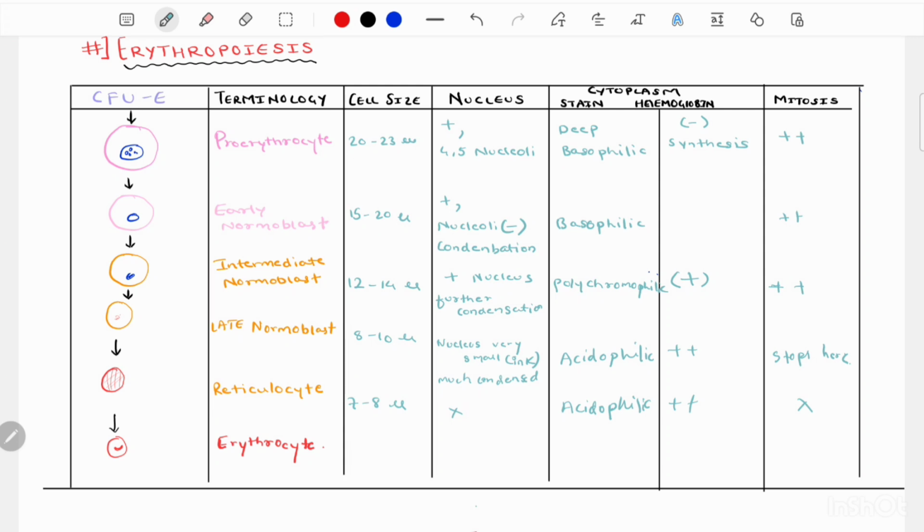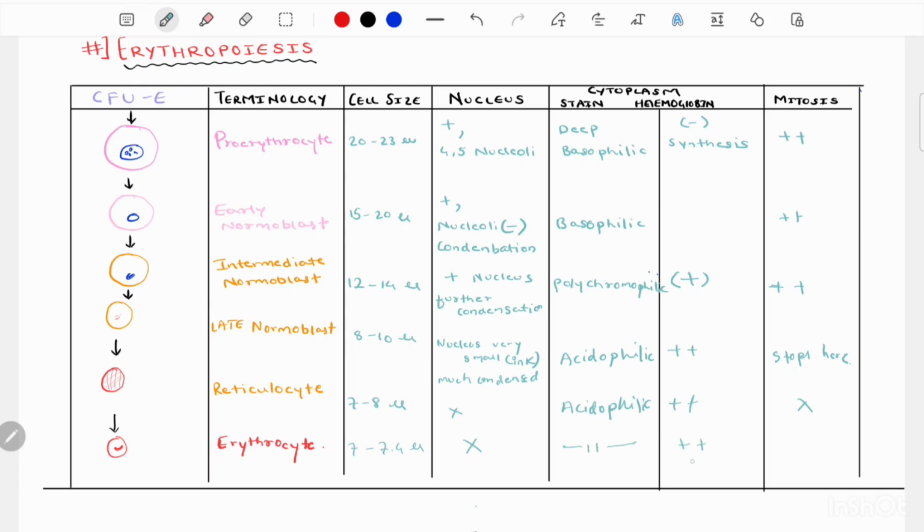The next stage from reticulocyte is mature erythrocyte. Here, the reticular network completely disappears, and the cell takes a biconcave shape, and the diameter of the cell is around 7 to 7.4 micron. The cytoplasm is acidophilic.